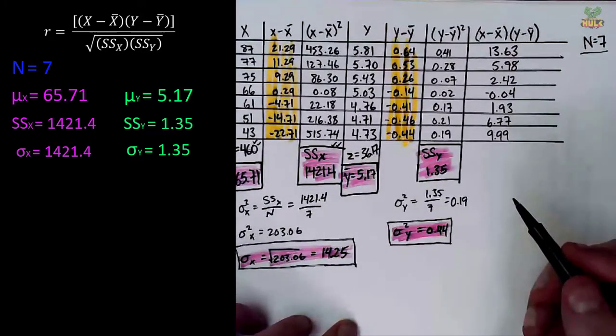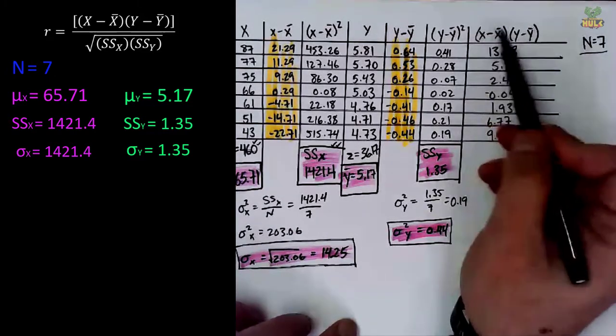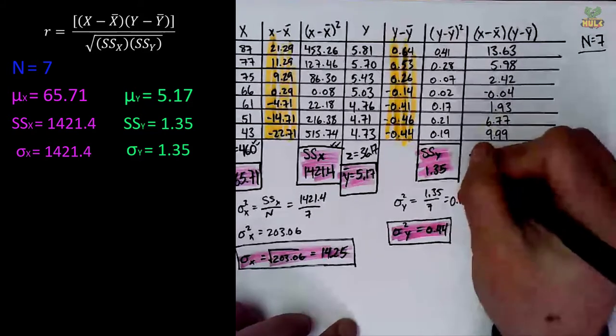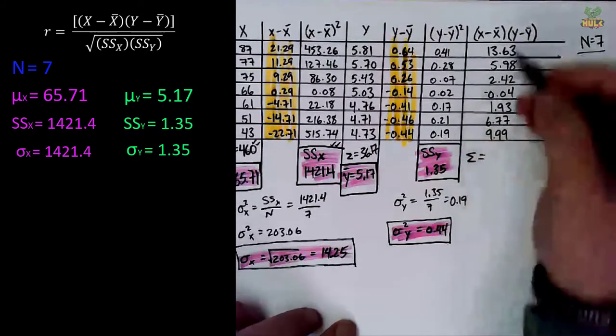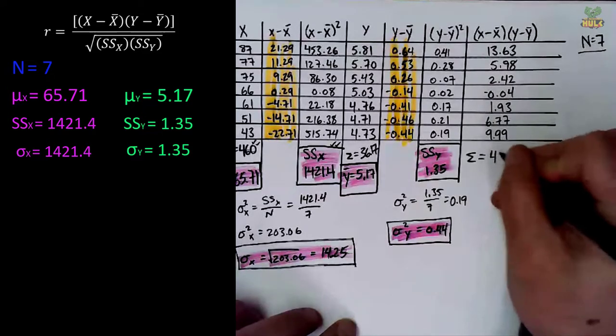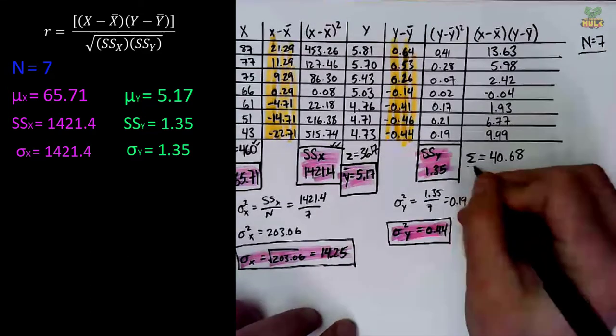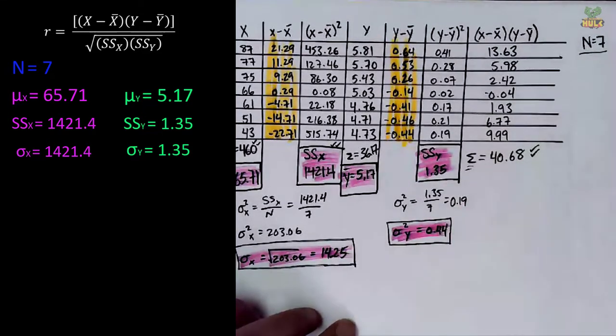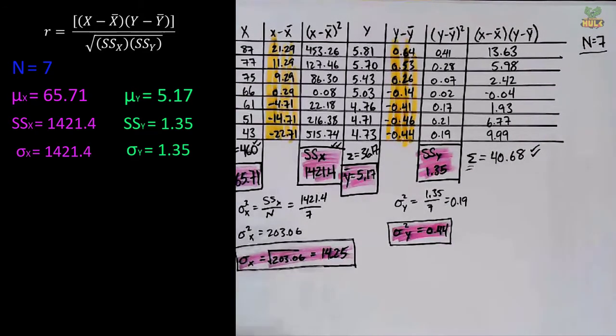Now, remember our correlation coefficient requires us to sum these values. So the sum of all of these will give you 40.68. Do it again, right? Double check to make sure it's right. And now we can go on with our correlation coefficient.